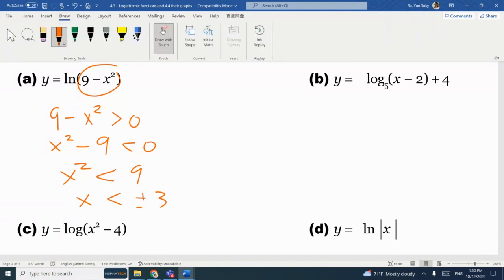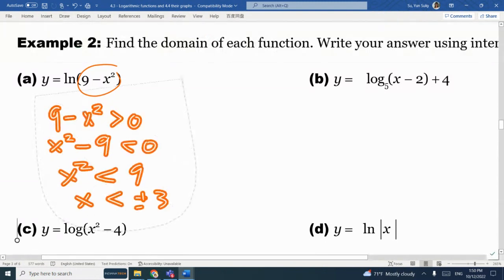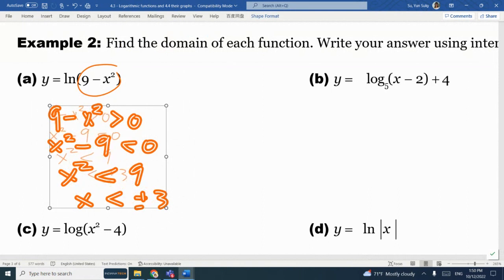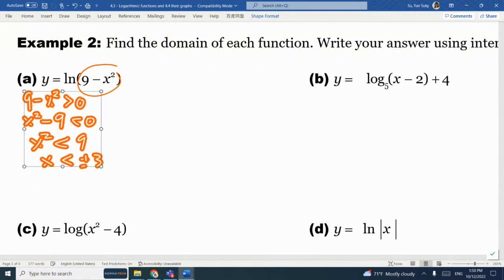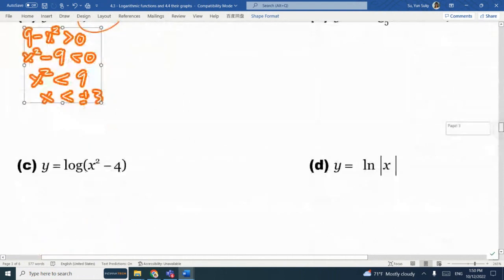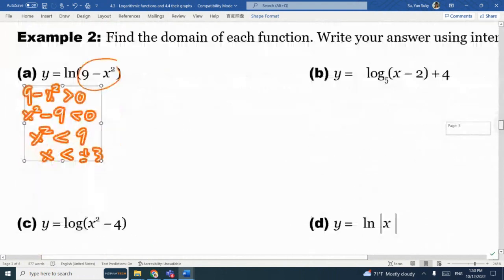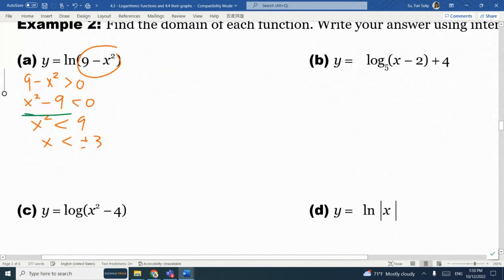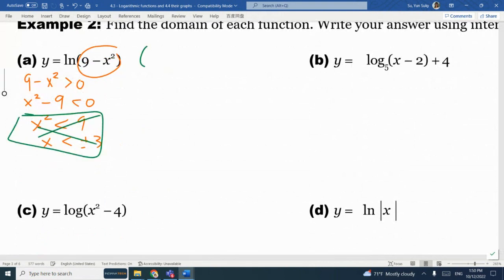So what we need to do is factor it. How do you factor x squared minus 9?